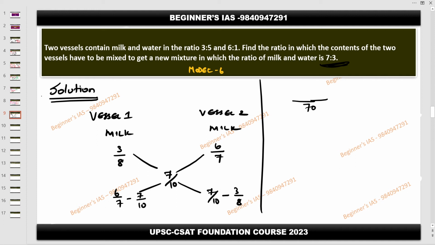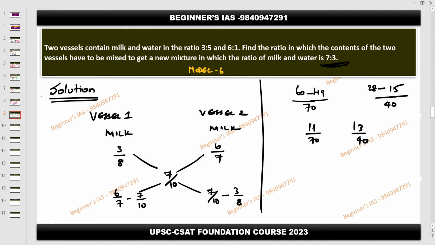Here 10 times, here 60, here 7 times. So therefore 7 sevens are 49. Then you can take 40 as LCM. So if 40 is LCM, it will become 28 minus 15. Then the answer is going to be 11 by 70, then 13 by 40.